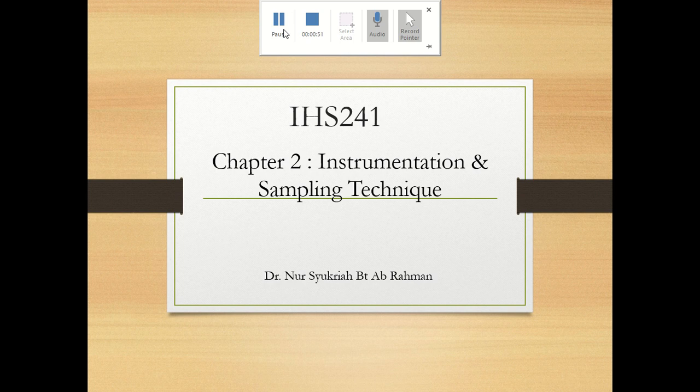And in particulate, we have several types, which are dust, respirable dust, inhalable dust, fume, mist and smoke. So in chapter 2, we're going to learn the instrumentation and sampling technique for vapor, gas and particulate.